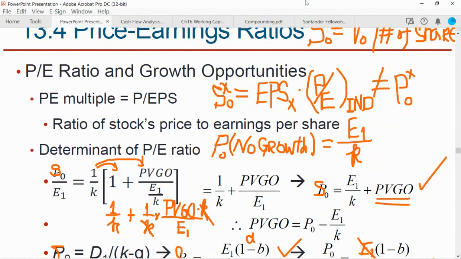And I'm going to talk about why. So here, P/E ratio and growth opportunities. P/E ratio is also called P/E multiple because it's price over earnings per share. It's the ratio of stock's price to earnings, right?